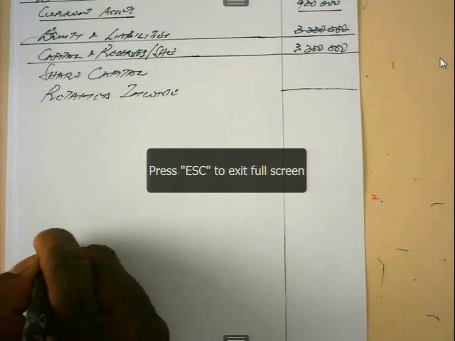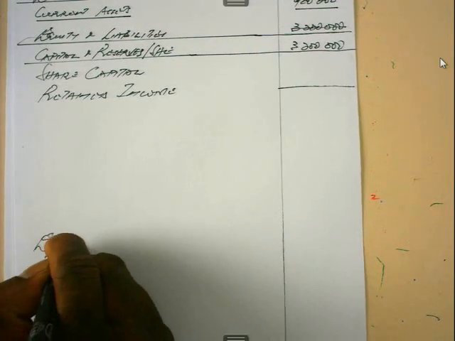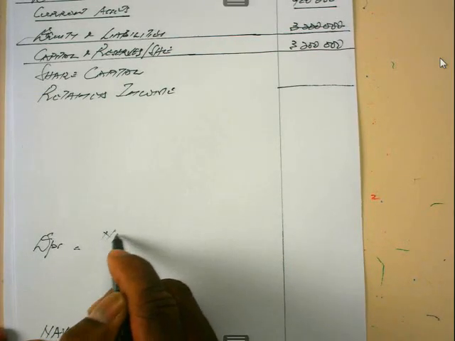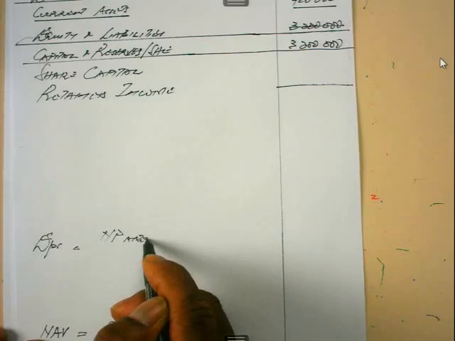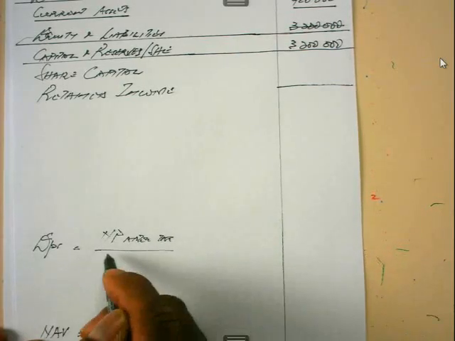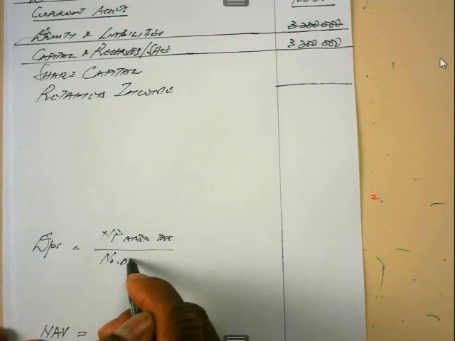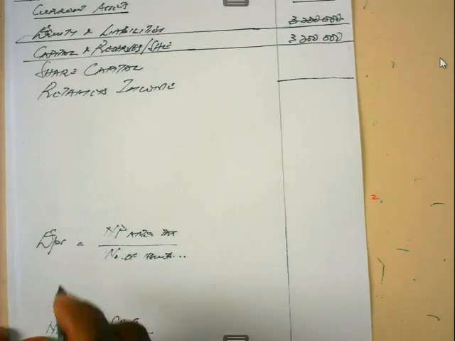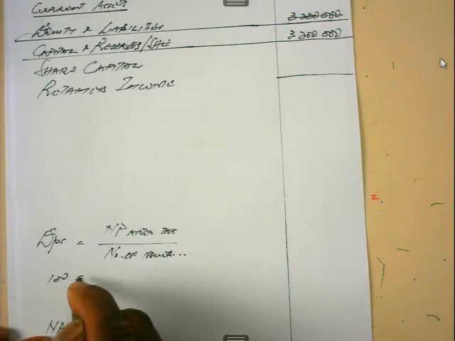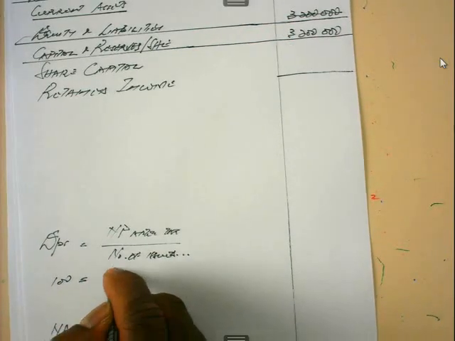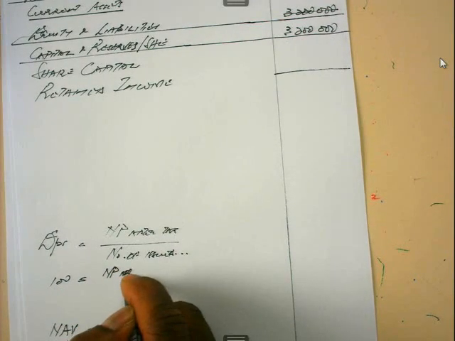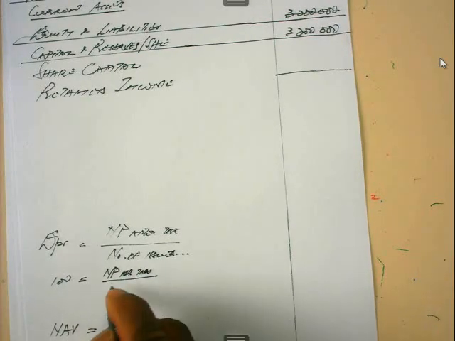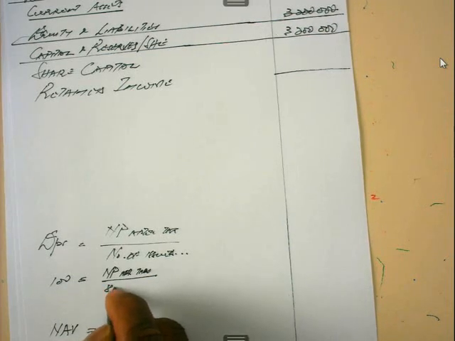We say EPS, earnings per share, is equal to net profit after tax divided by the number of issued shares. Your EPS is 100 cents. Your net profit after tax is not given, and your number of issued shares is given.